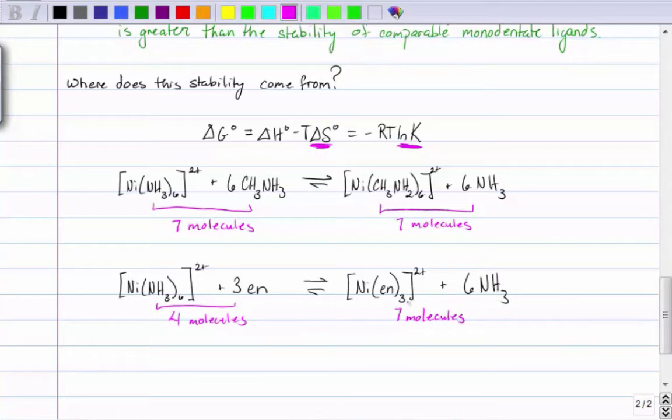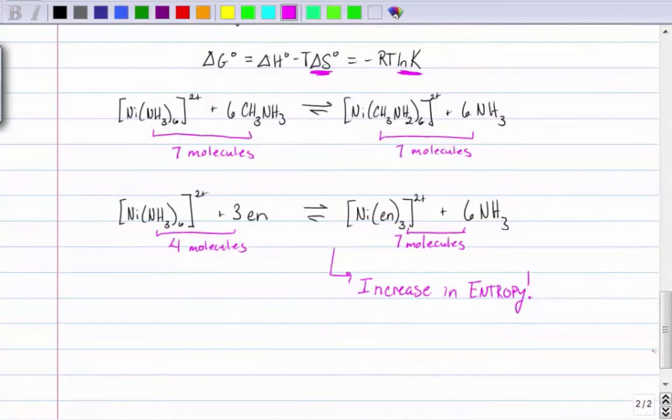It's increased. So this increase in entropy will increase our stability constant. The K values for these two reactions, let's say that this one's about 1 and this one's about 10 to the 9th. Those values tell you something about the stability of the complex, this complex versus this complex.